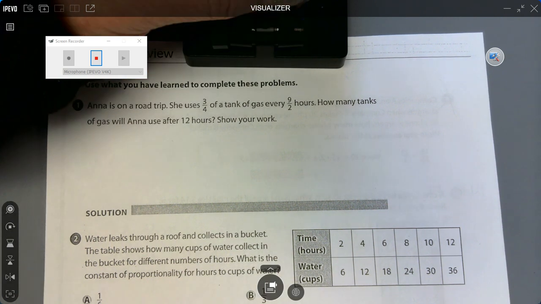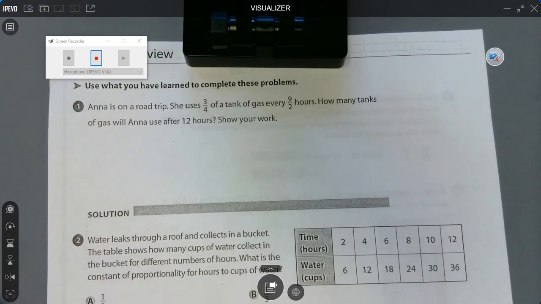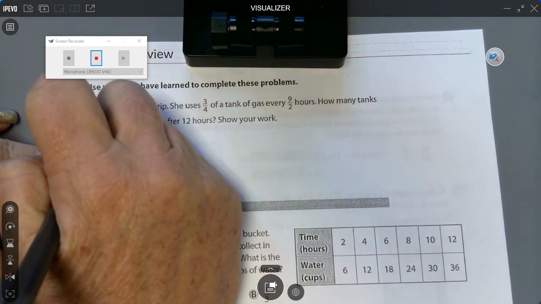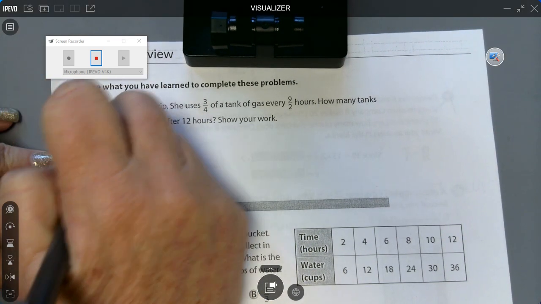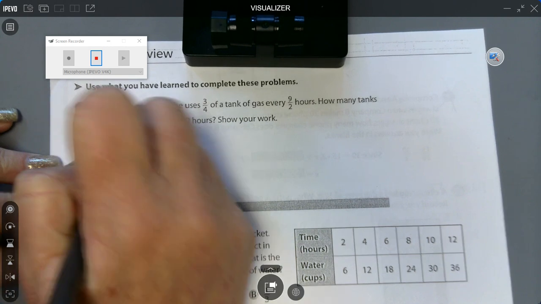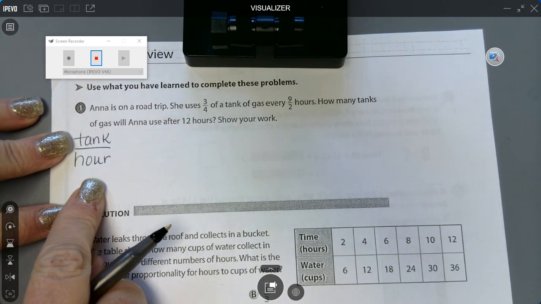Okay, all right, so here we go. In order to solve this problem, the first thing we want to do is find out how many tanks of gas she uses for 1 hour. So we're going to set it up as tanks of gas to hours. See how I set that ratio up?